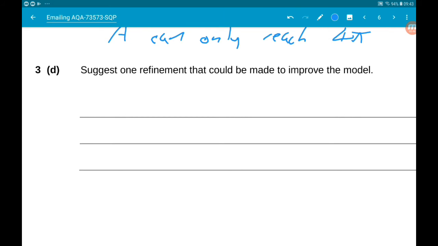I would also say we can mention the model didn't take into account where in the pond the weed was starting to grow. So if it will start to grow in the centre, then it's going to spread out in every direction. But if the weed started to grow at the side, then it can only spread in a certain direction.